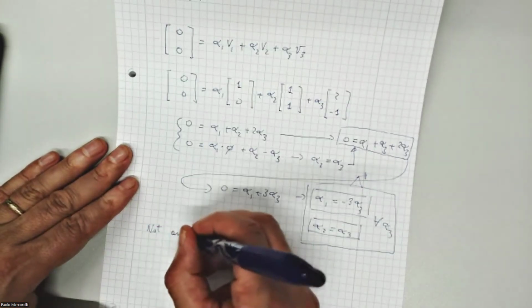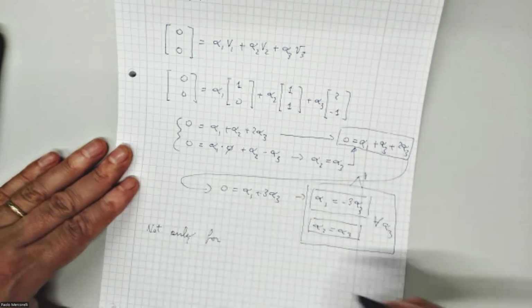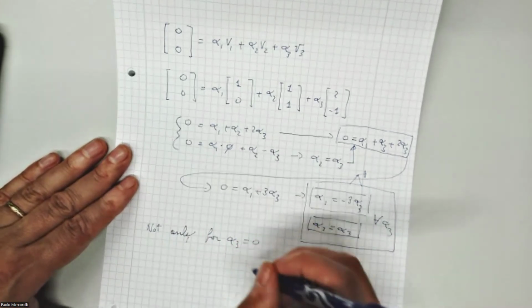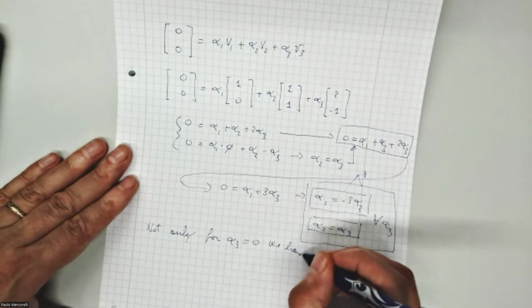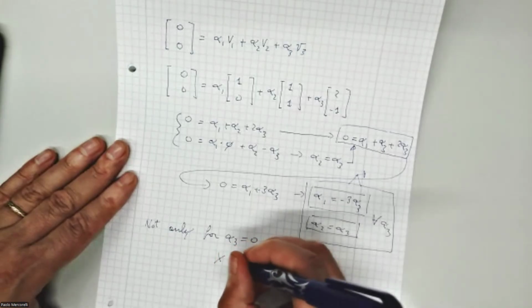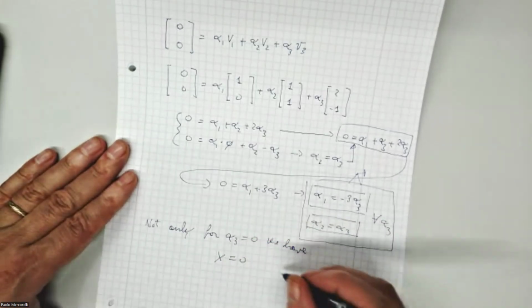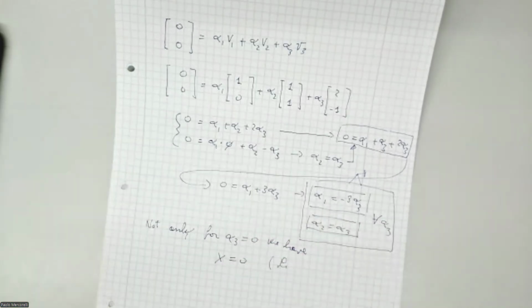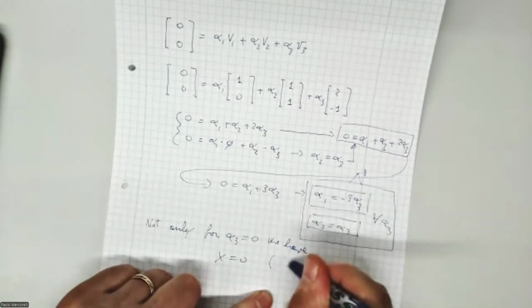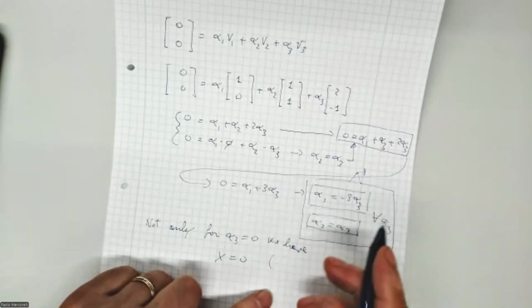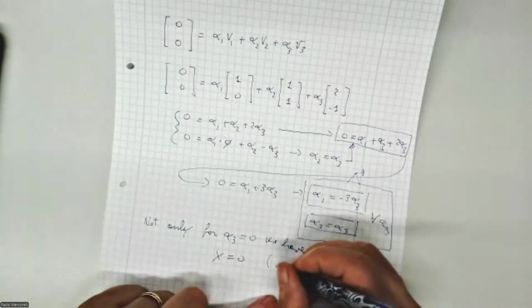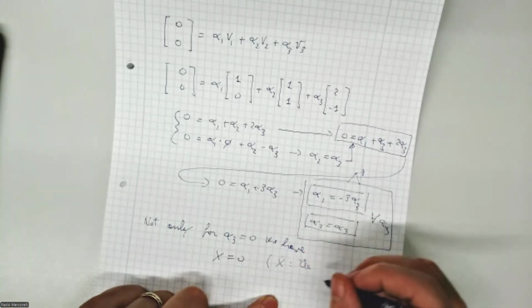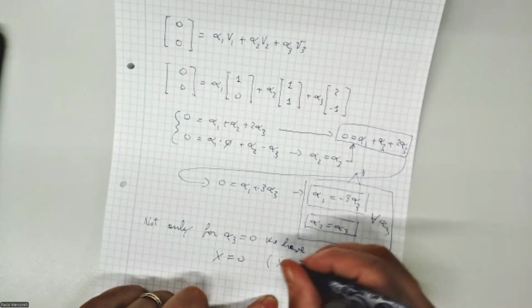Not only for alpha 3 equals 0 do we have x equals 0, where x is the linear combination. But for each alpha 3, this means the alphas must not necessarily be 0: alpha 1, alpha 2, alpha 3. X, the linear combination. That was the definition.